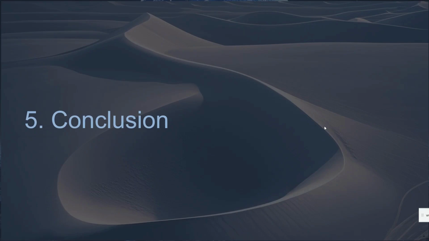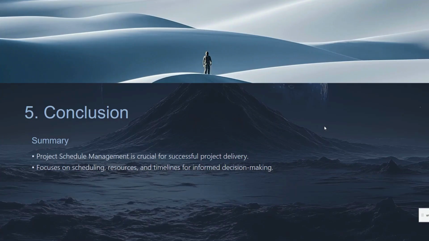In the last, we have the conclusion. In summary, project schedule management is crucial for successful project delivery. It focuses on scheduling, resources, and timelines for informed decision making. It ensures that the project stays on track, completes within the defined time frame, and meets the stakeholders' expectations.